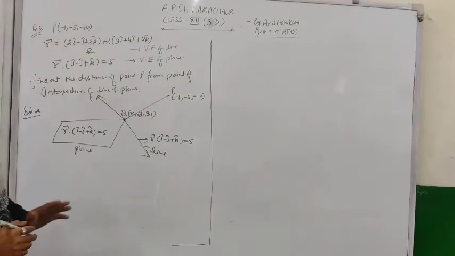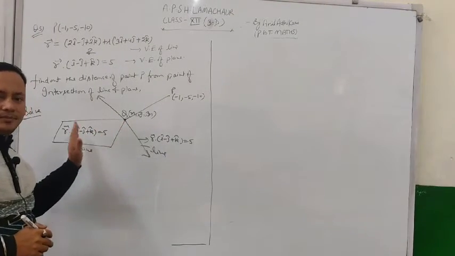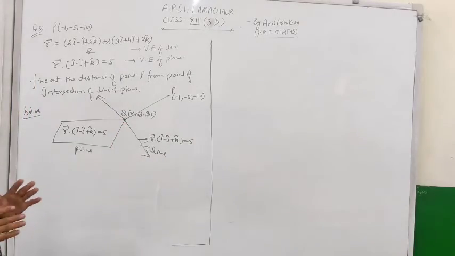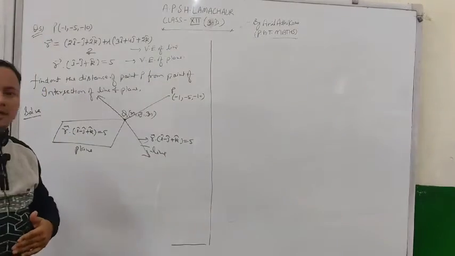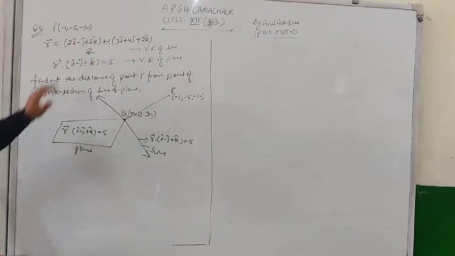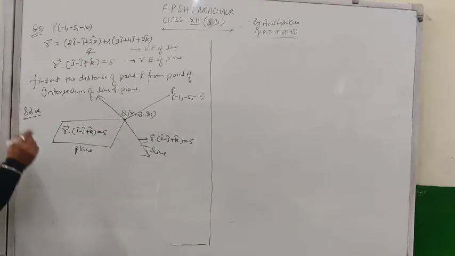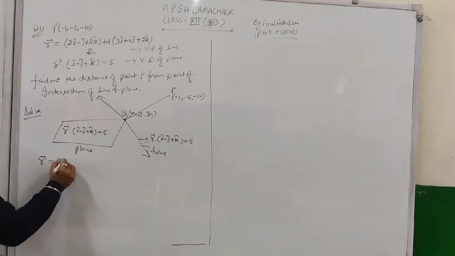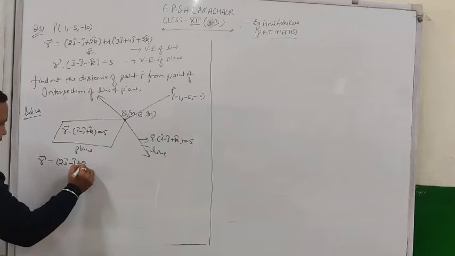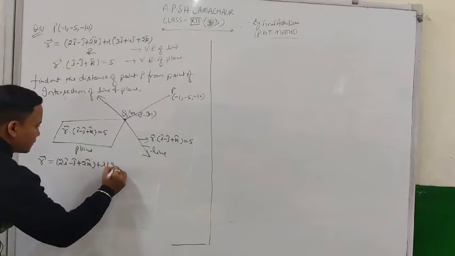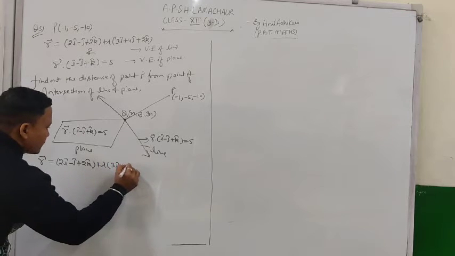So to find the coordinates of this point of intersection of the plane and line, first we will reduce both the equations to Cartesian form. This is the given equation of the line in vector form, r vector is equal to 2i minus j plus 2k plus lambda times 3i plus 4j plus 2k.